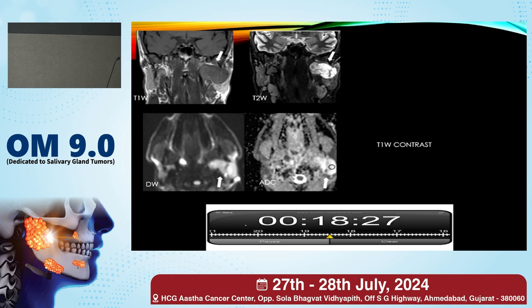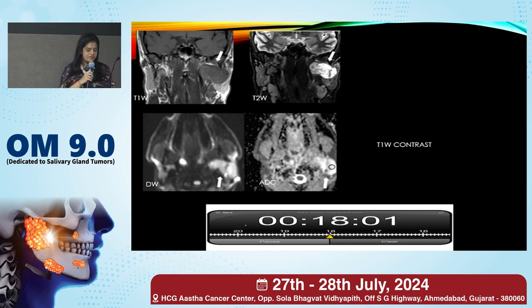Then we did T2 weighted imaging and it came out to be hyperintense. Then diffusion weighted imaging was done. On diffusion, we see that the lesion is hyperintense and it does not show any corresponding drop on ADC images. This is important because all these signs radiologically point towards a benign lesion.